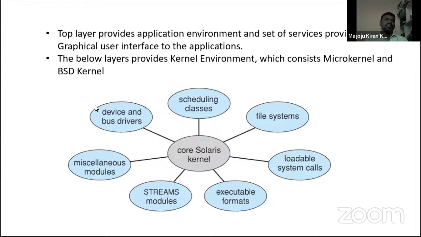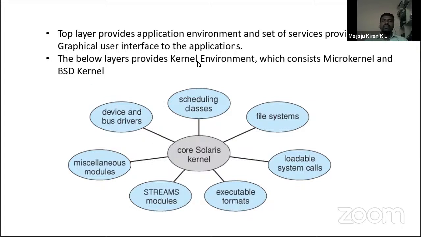Okay. So in the modular approach, when the operating system is structured, at the topmost level there will be a top layer which provides the application environment. That means the user interface is provided at the top layer, which is responsible for providing user level services and which talks to the next layer, which contains all these modules.